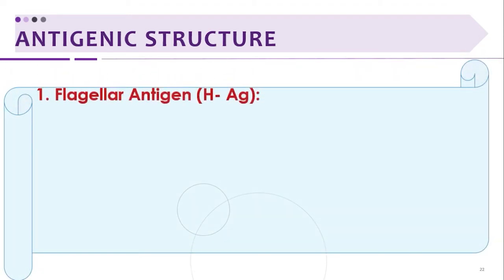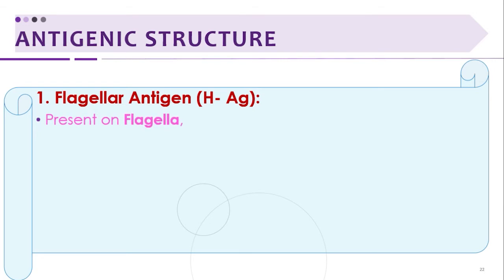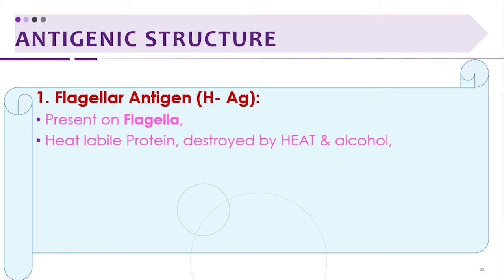First, coming to the H antigen, the flagellar antigen, it is present on the flagella. It is a heat-labile protein, so it is protein in nature and can be destroyed by heat as well as alcohol. But the most important character is that it is strongly immunogenic.